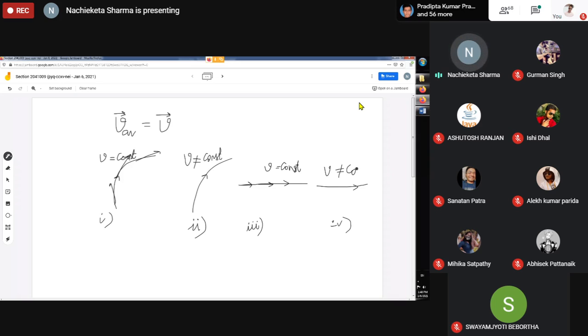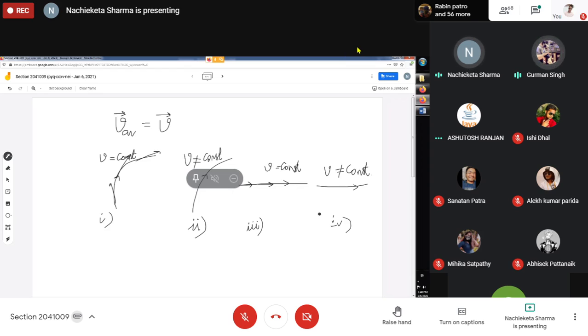Now can you say in which case the average velocity vector and the instantaneous velocity vector will be the same out of these 4 cases? The third case, very good.